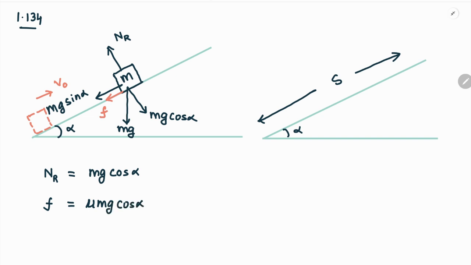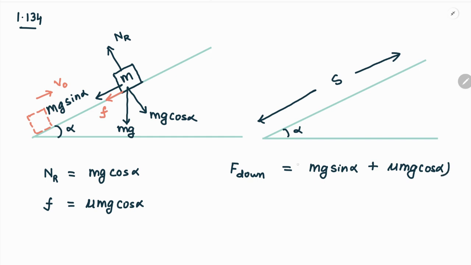Now friction and the gravity component mg sin alpha are both forces acting down the incline. So there are two forces acting down the incline, mg sin alpha and the frictional force mu mg cos alpha.